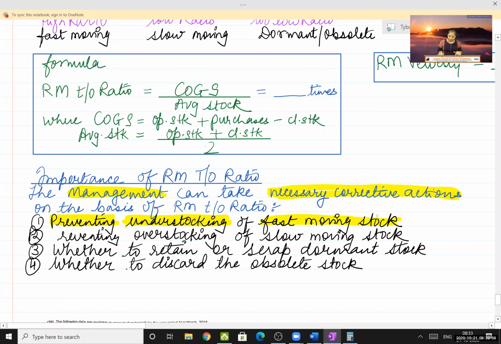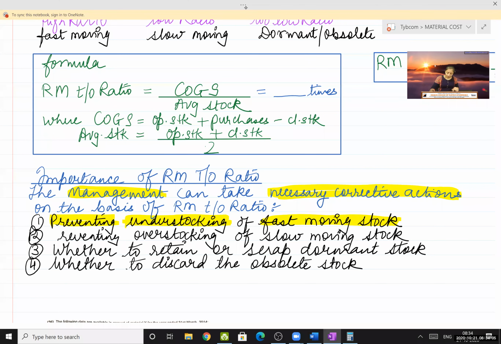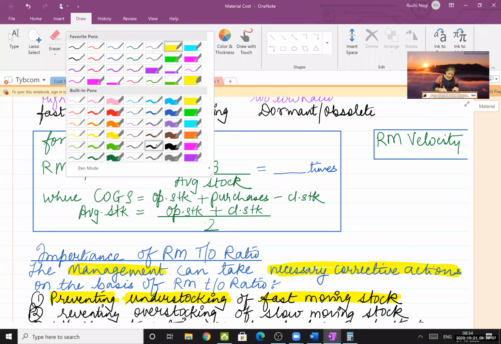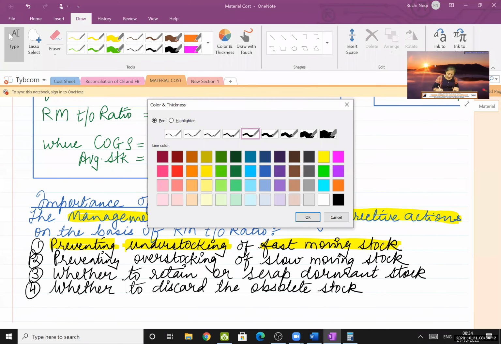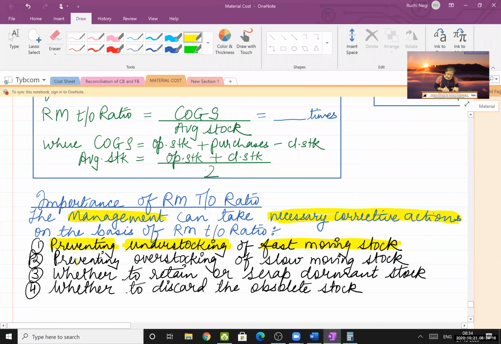Next, preventing overstocking of slow moving goods, goods which have slightly lesser demand.